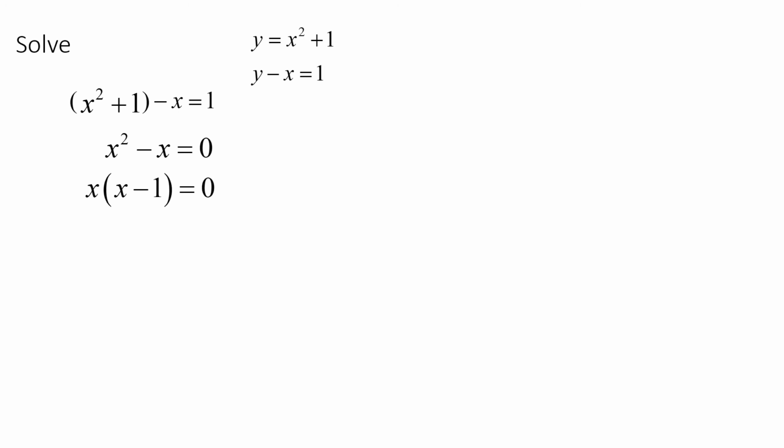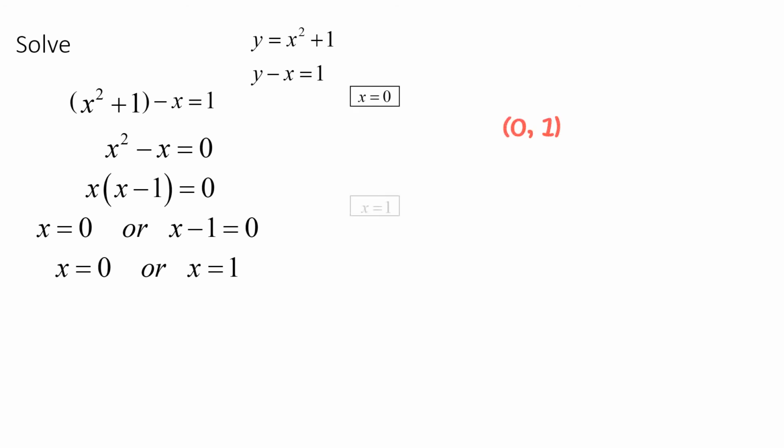By taking x as the HCF, we find x times (x minus 1). So our x for the first will be 0, and for the second, x minus 1 equals 0, so x equals 1. So when x equals 0, y will be 1, and when x equals 1, y will be 2. So our two ordered pairs are (0, 1) and (1, 2).